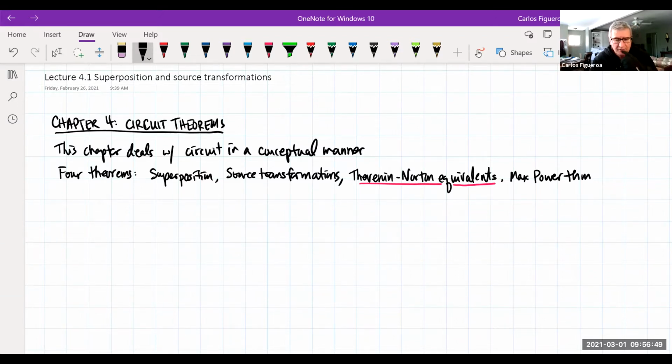So what I want to do is start off with the first one of these. The first one we're going to deal with is called Thevenin-Norton source transformation.